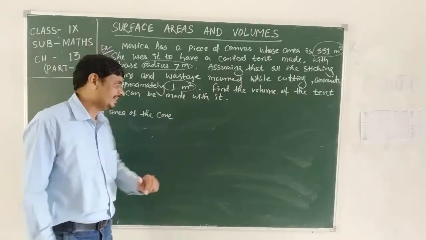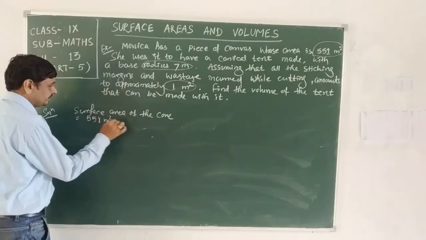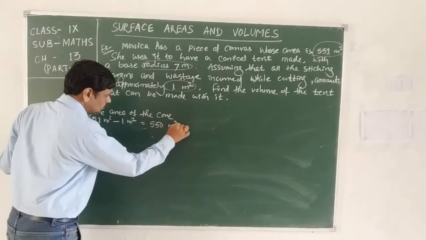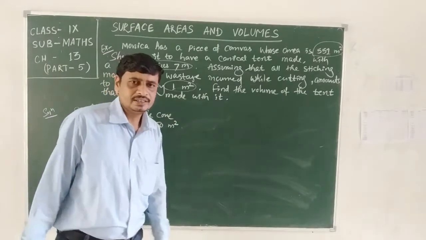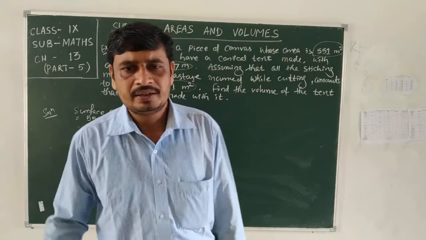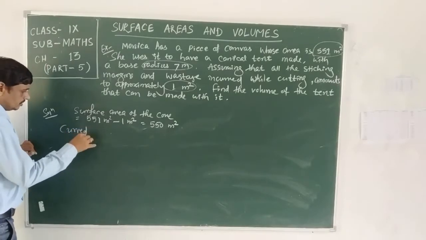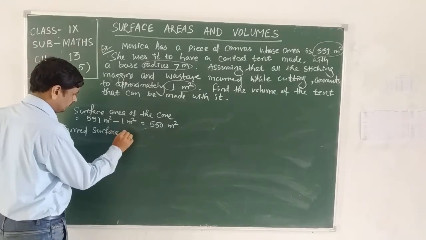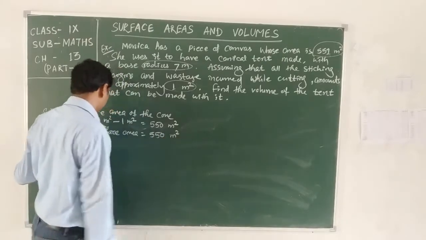That is 551 meters square minus 1 meter square becomes 550 meters square. Surface area of the cone is 550 meters square. This is the curved surface area of the cone.